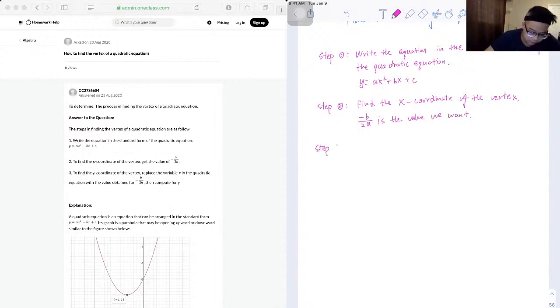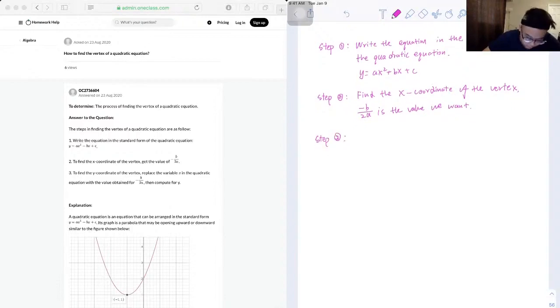And our third step, we need to find the y-coordinate.